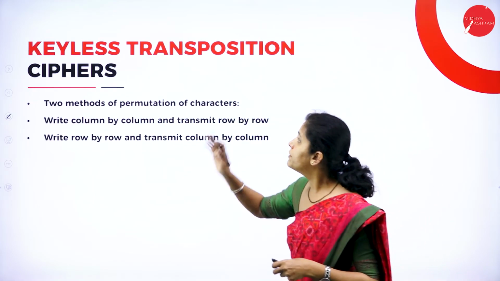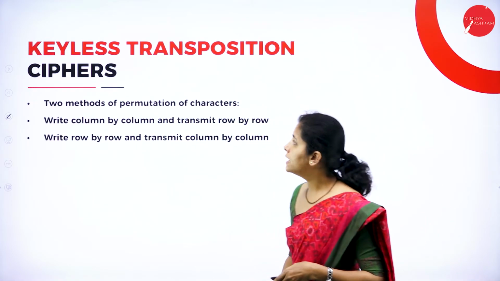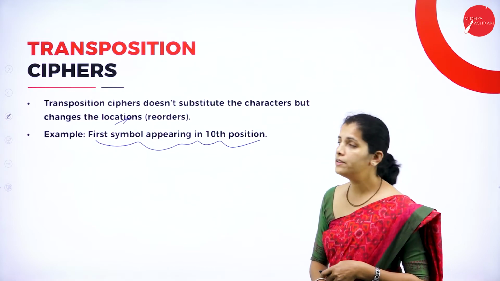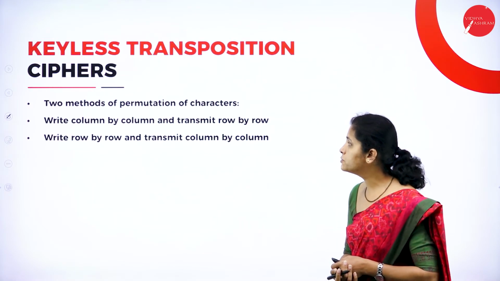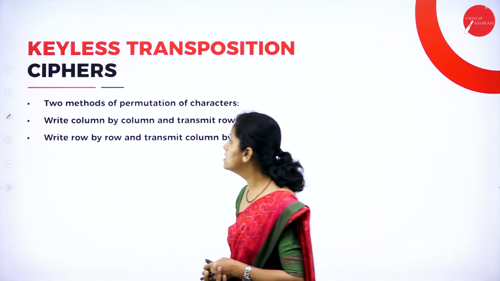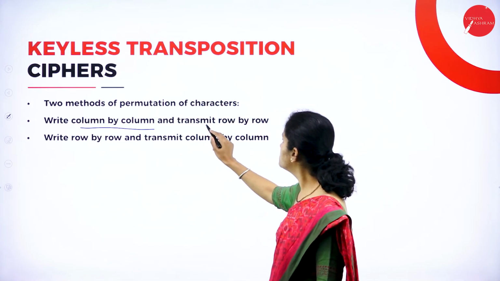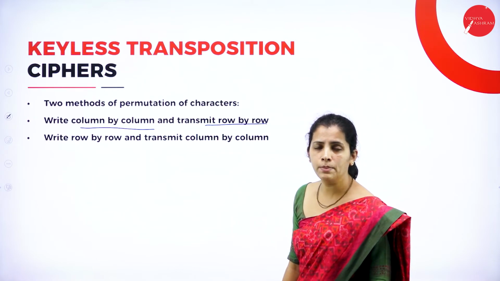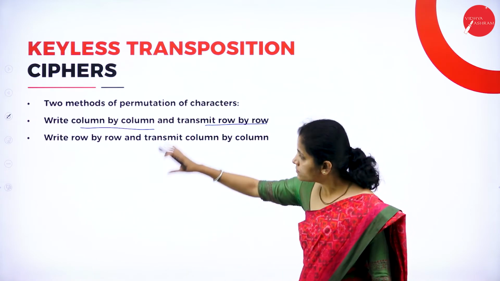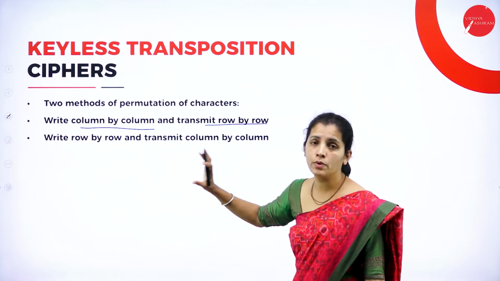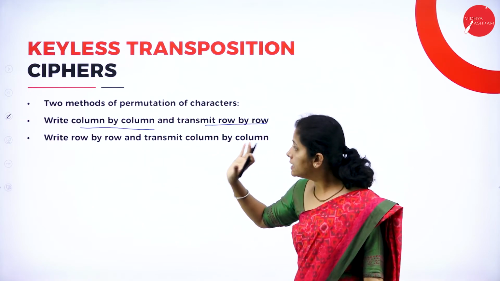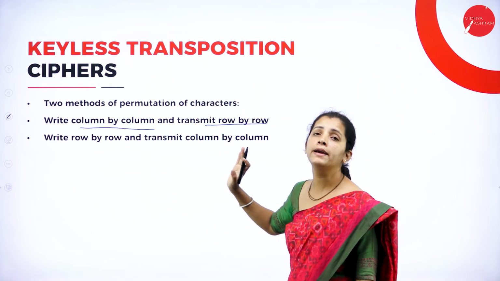So if I consider transposition cipher, there are two types of transposition cipher. One is write column by column and transmit row by row. That means whatever the plain text we are going to have is represented column by column.